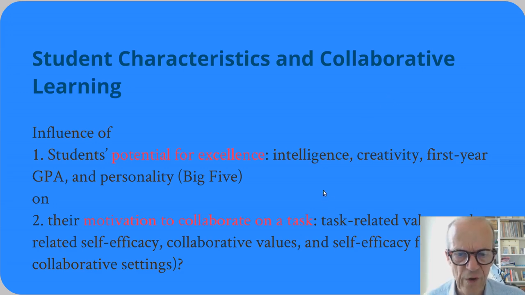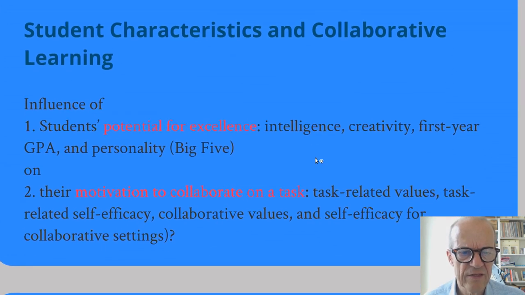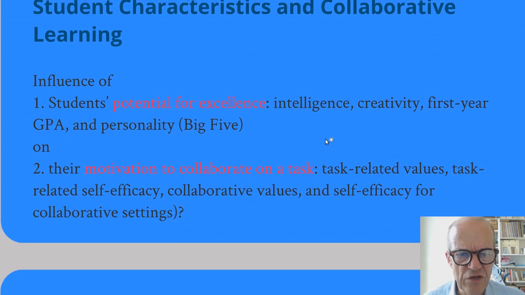So potential for excellence was one cluster of variables, and the other cluster was the motivation to collaborate on a task. So the extent to which individual students valued a particular collaborative task, thought positively about their self-efficacy in relation to this collaborative task.